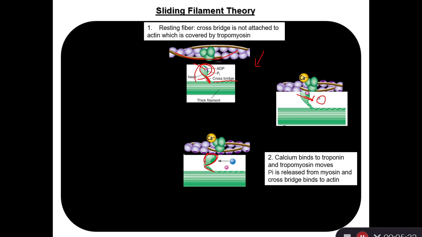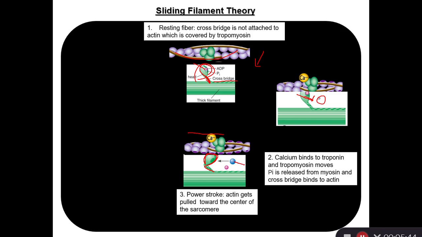actin is attracted by the myosin head to the center of the sarcomere, which is the contraction. Here the sarcomere shortens. And during this time, another ATP, this one, is trying to go again to attach to the myosin head. We call this power stroke.